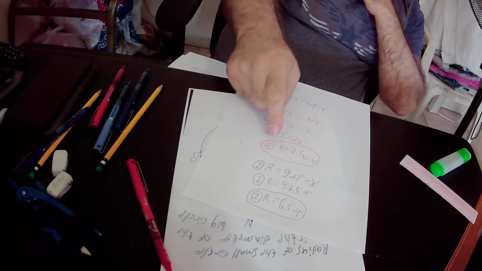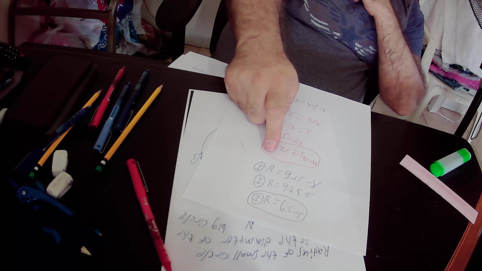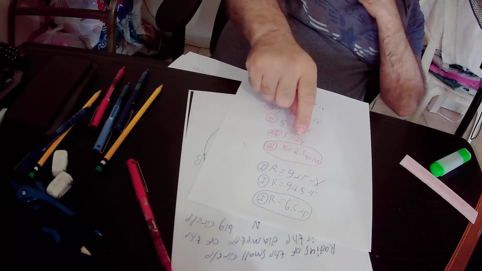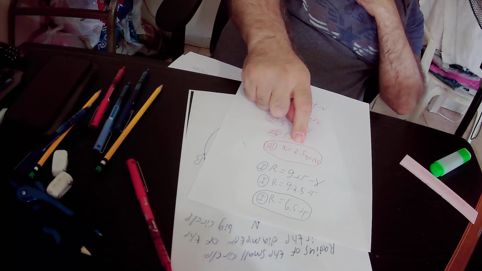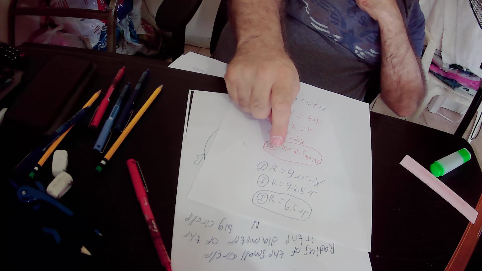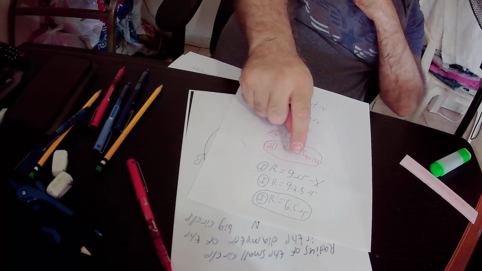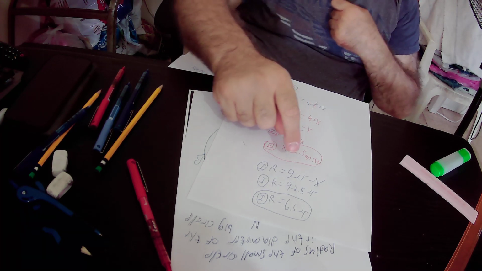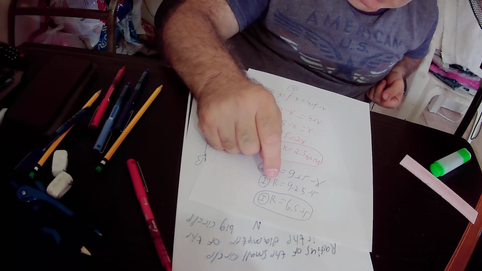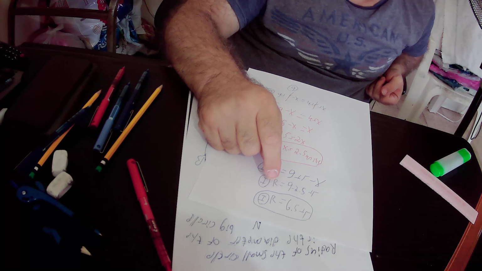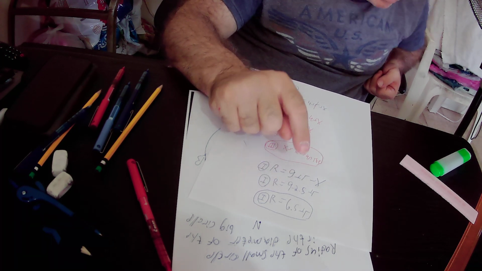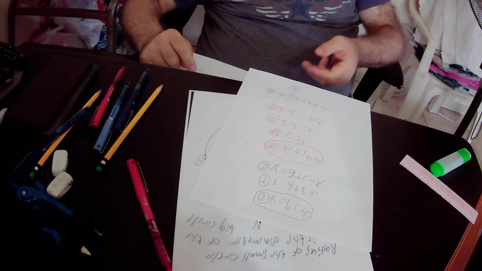According to equation number 1, R equals 9 plus small r minus x, and we know that x equals 2.5 units. So the radius of the big circle according to equation number 1 is 9 minus 2.5 plus r, or 6.5 plus small r.